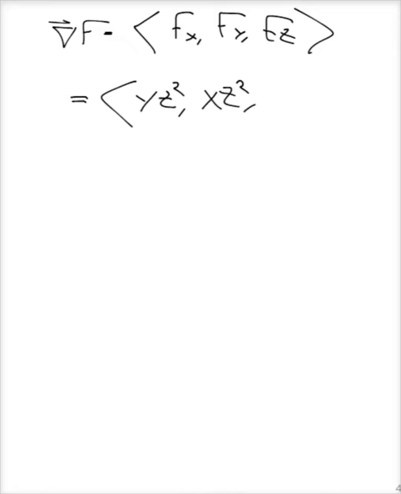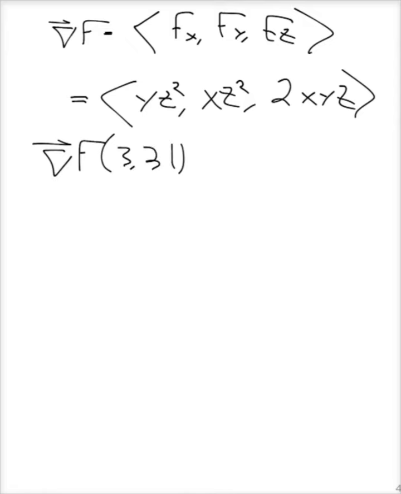And partial with respect to z is 2xyz. And now we can take this expression, this gradient, and evaluate it at the given point, which is 3, 2, 1, to obtain the vector 2, 3, 12. Great. So now we have a vector normal to the surface.